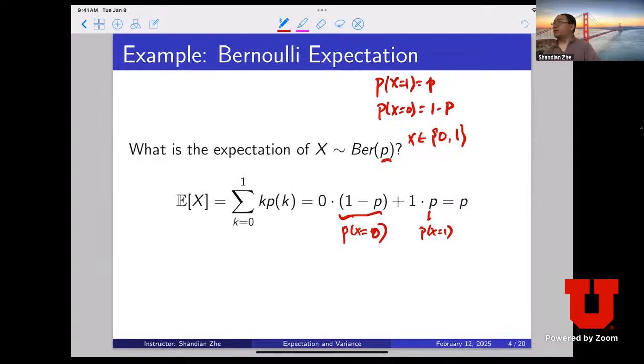Any questions? Yes, that's a very, very well-known result.